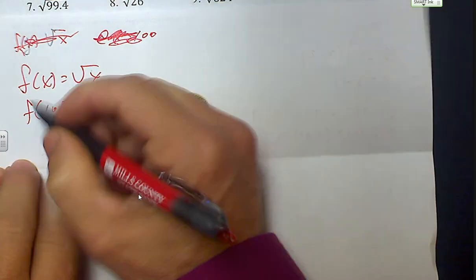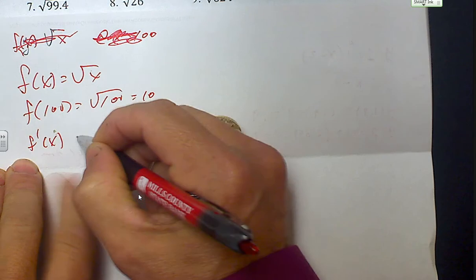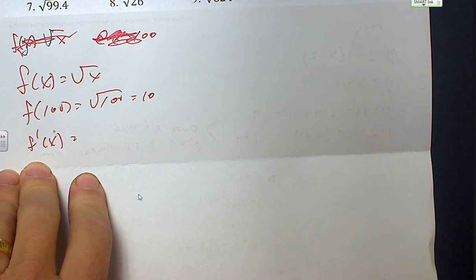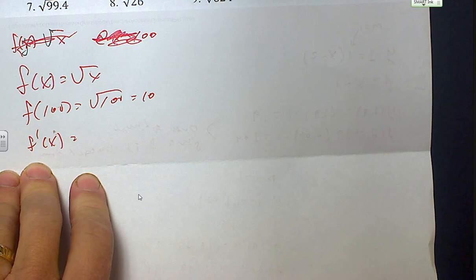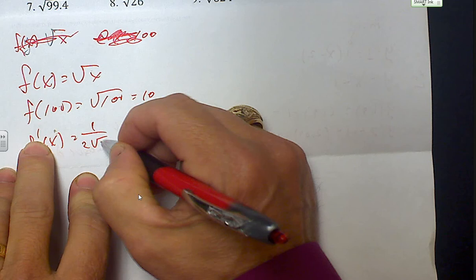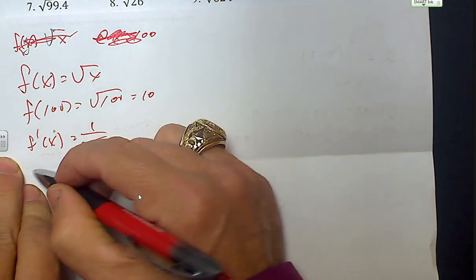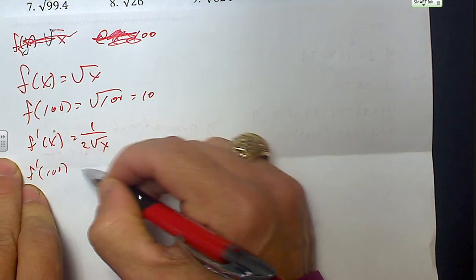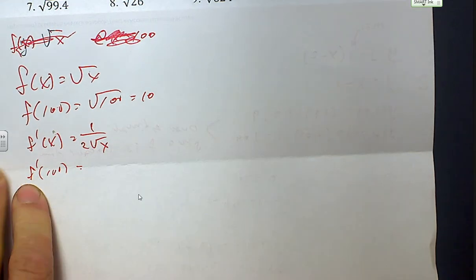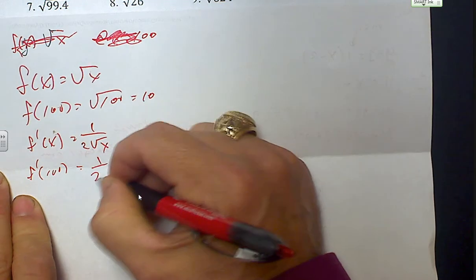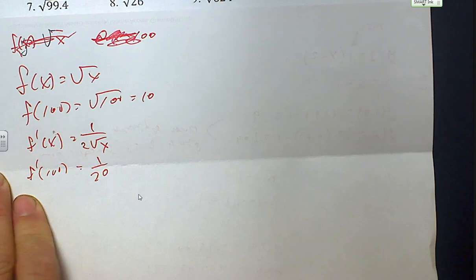f prime of x equals 1 over 2 square roots of x. We need our slope. So f prime of 100 is 1/20. There's our slope. We have our y-coordinate, our x-coordinate, our slope. We can write a tangent line now.